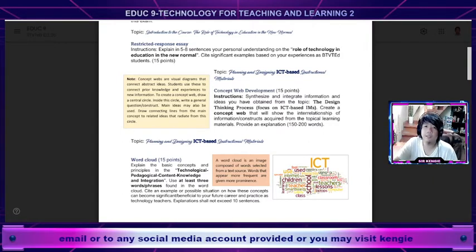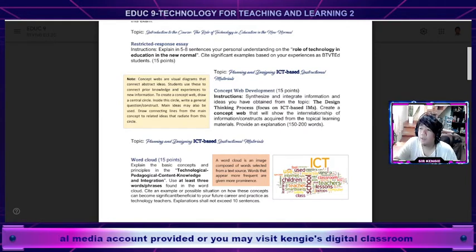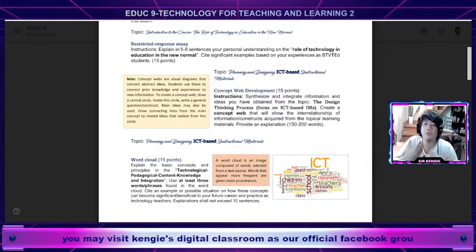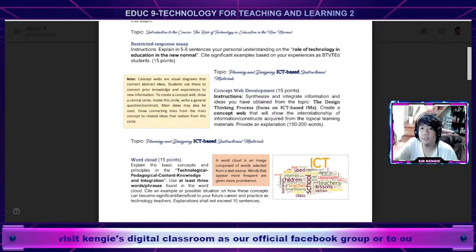This is usually done in sessions or in groups, but here you're going to conceptualize in order to come up with ideas or topics relevant to the problem.